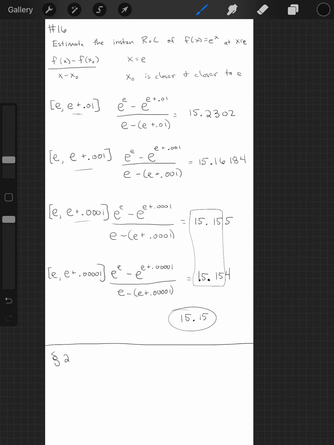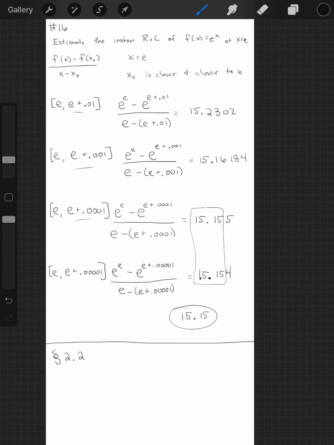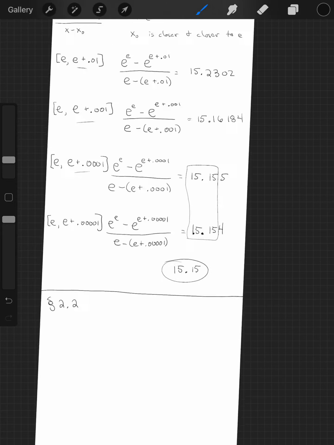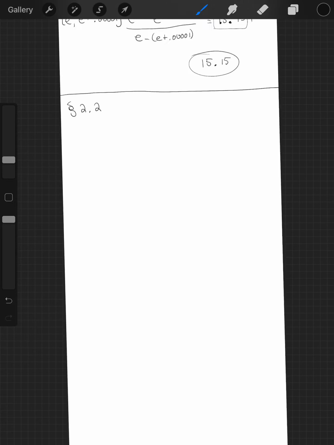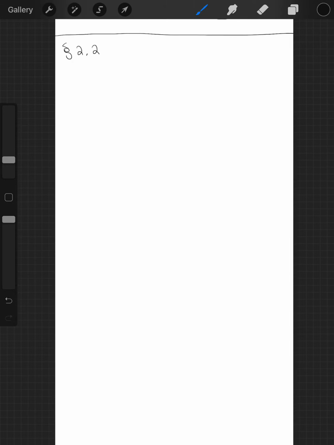So that's it for questions asked from section 2.1. So for section 2.2, we are almost certainly going to have to create a new thing for this, but maybe not, because we're going to be doing a lot of graphical stuff in section 2.2.